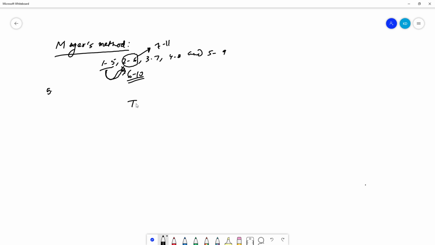Total population size, we denote this by capital N, divided into two parts.